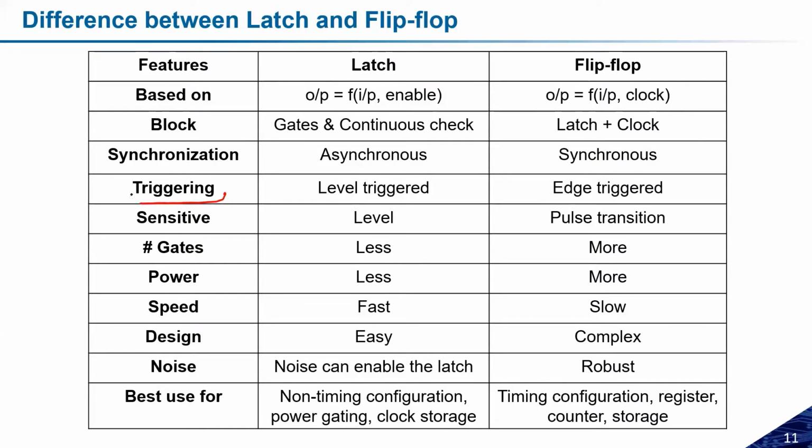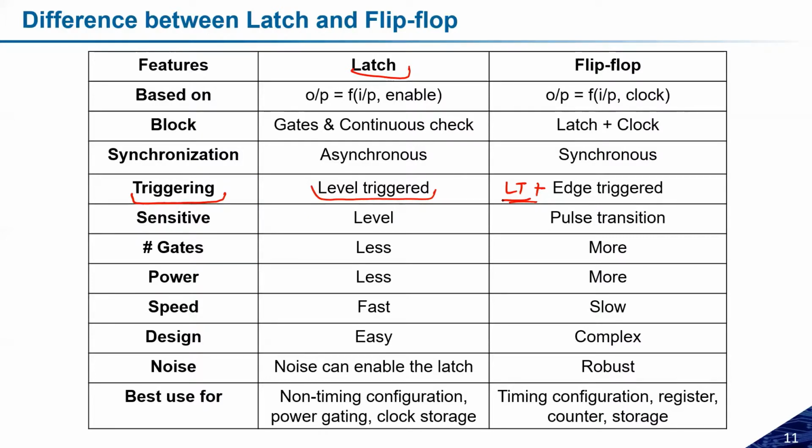Similarly, the triggering mechanism in the latches is level triggering. But in the flip-flop we can make it both level triggered and edge triggered. Both are possible. I think we need to add level triggered here as well.